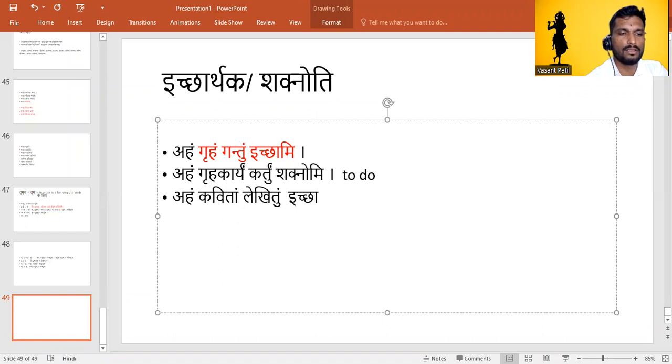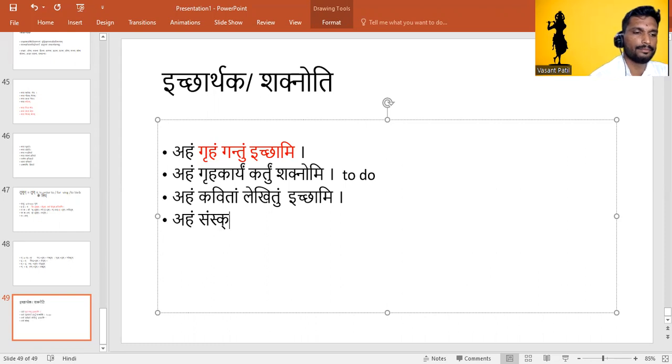Aham संस्कृतं वक्तुं शक्नोमि. I can speak Sanskrit, or I am able to speak Sanskrit.